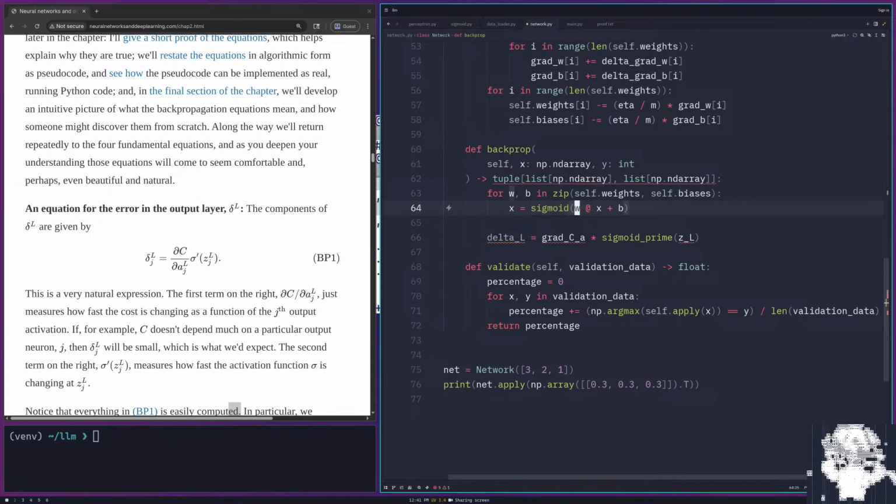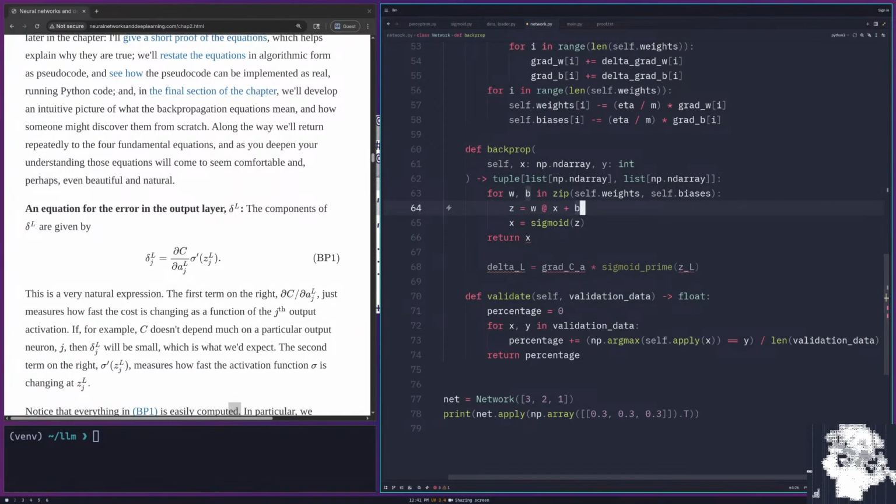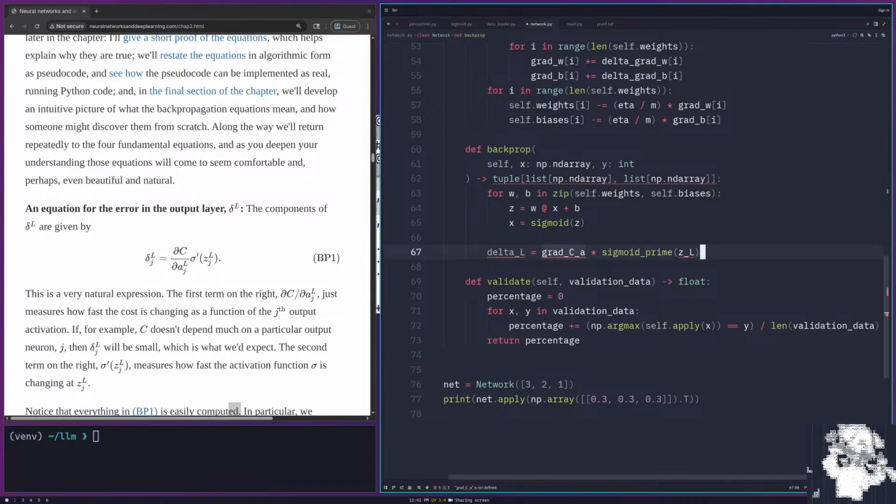The thing I want is the final one of these. So let's call this Z. And now zL is this, the final Z. It's underlined. Z is possibly unbound.